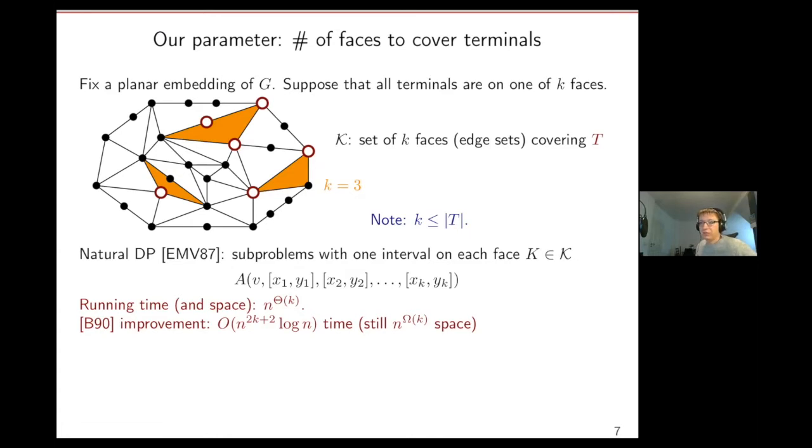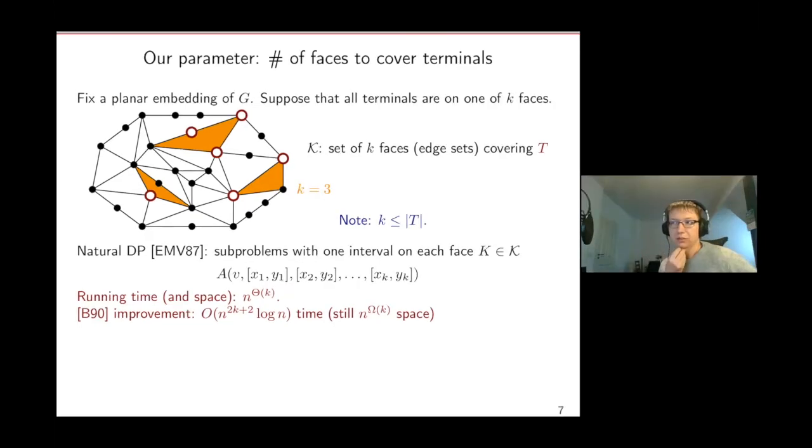All you have to do is to maintain an interval on each face in your subproblem. So the descendants of any given vertex will form intervals on each face. Clearly now you have something like n to the order k subproblems, and you can solve these in n to the order k time. That's also the space that you will need. So this is a relatively simple XP algorithm.